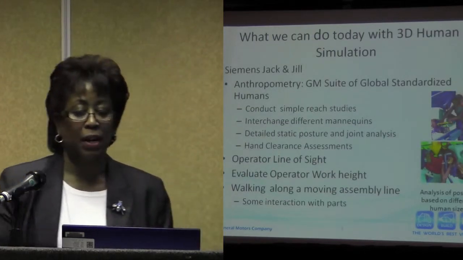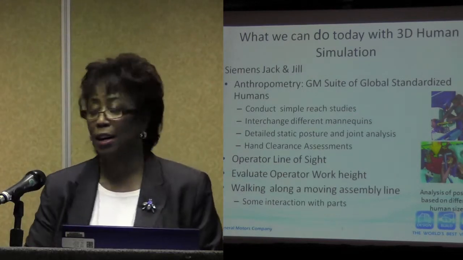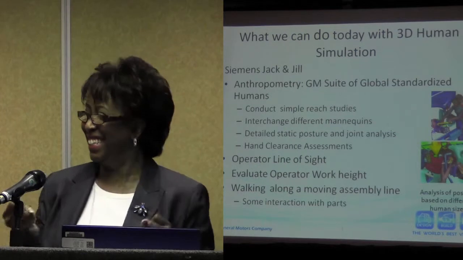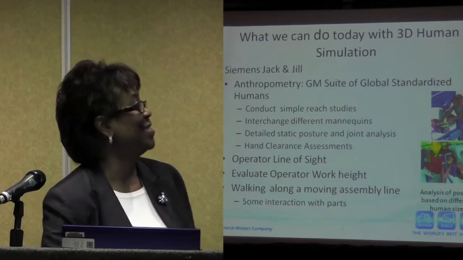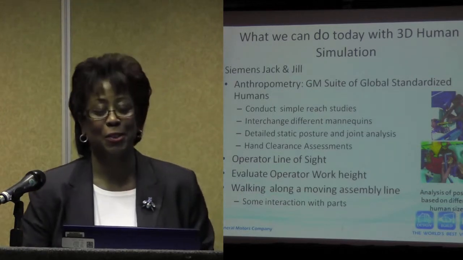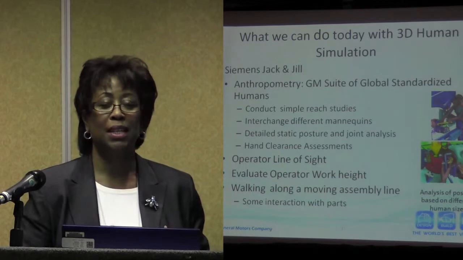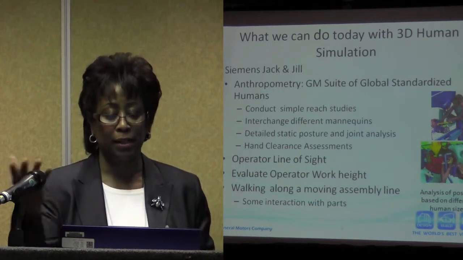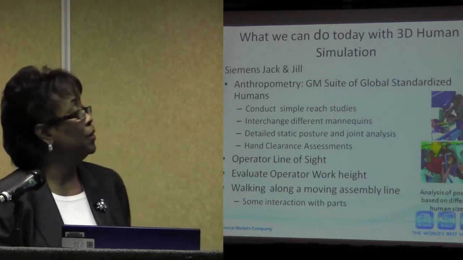So what we do with our 3D simulations today, just as Ford and John Deere, didn't want to say Caterpillar. We also use the Siemens suite of tools, Jack and Jill. We've been using Classic Jack, and with some work from the University of Michigan and Unisim, we've done a few things.